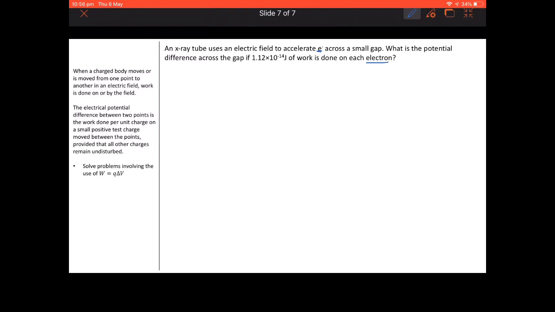To work out this, we can just rearrange our work equation, or we can just remember that potential difference is equal to the work per unit charge, or work divided by charge.